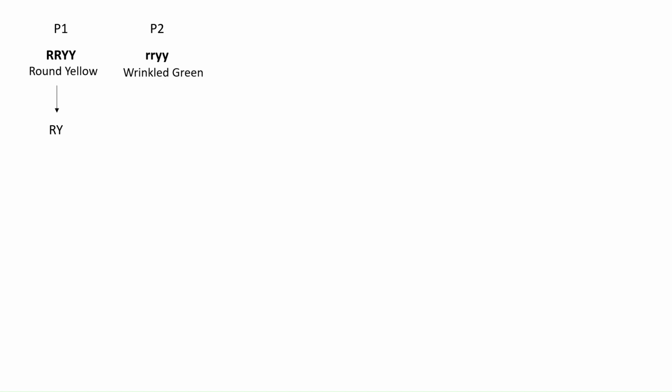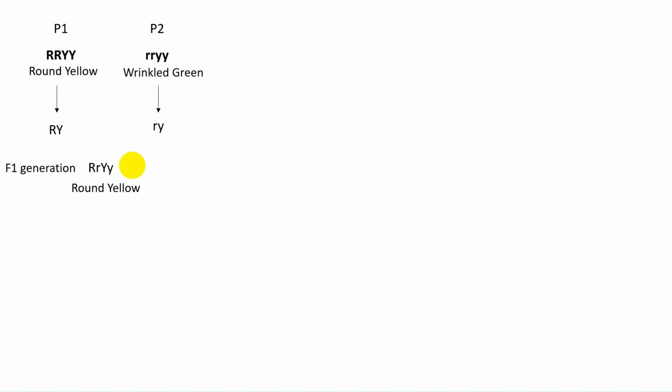From parent 1, we'll get the gamete capital R, capital Y. Similarly, from parent 2, we will get the gamete small r, small y. Now, what will the F1 generation be? Capital R, small r, capital Y, small y. The offspring are all phenotypically round and yellow, because though they have small r and small y in their genotype, as we studied, only the dominant gene will express.